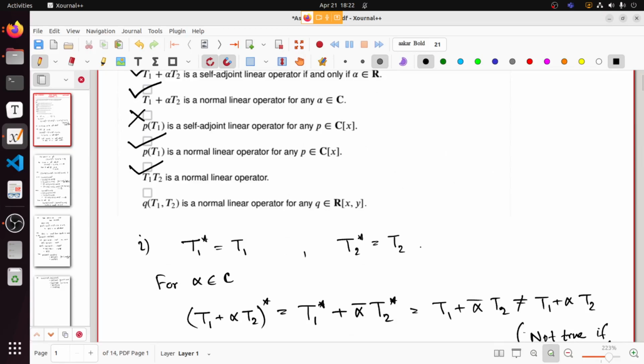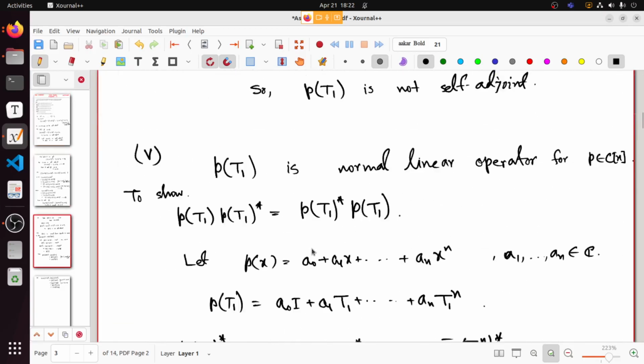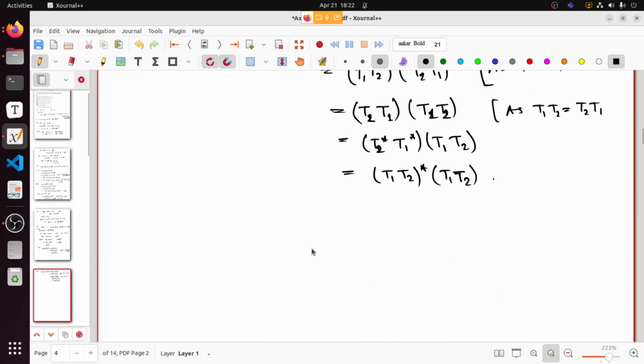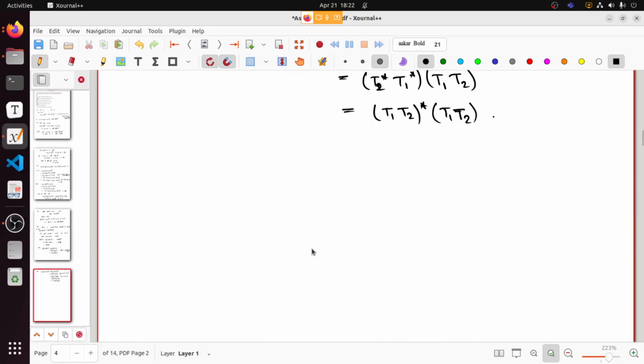Now what is our next option? It's saying that q of T1 T2, where q is a polynomial in two variables, is a normal linear operator for any real polynomial of two variables. So let's check option number 7. So q is a polynomial in two variables over R, x and y.